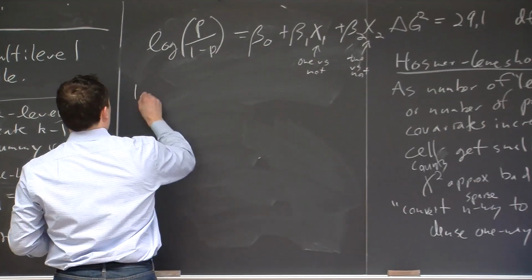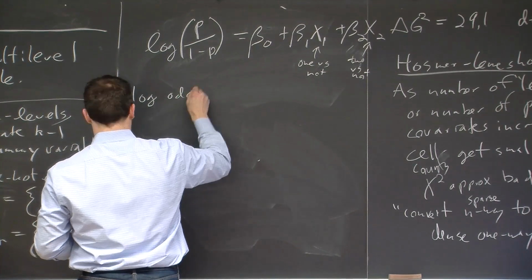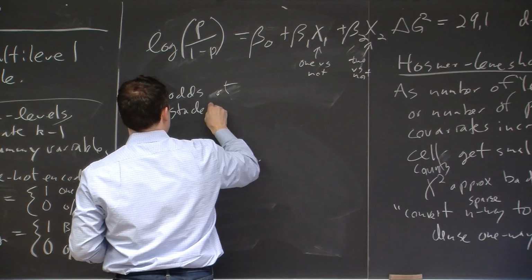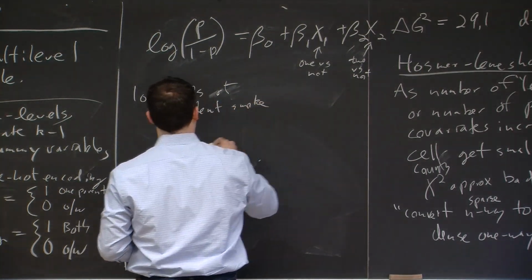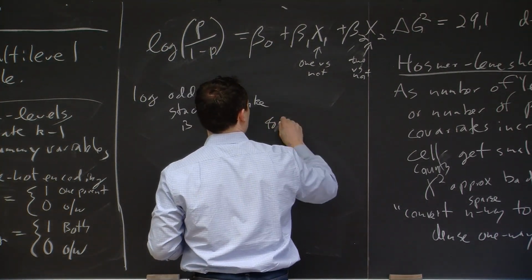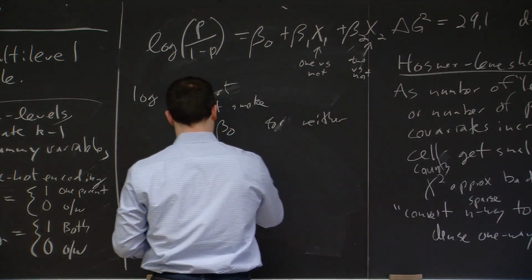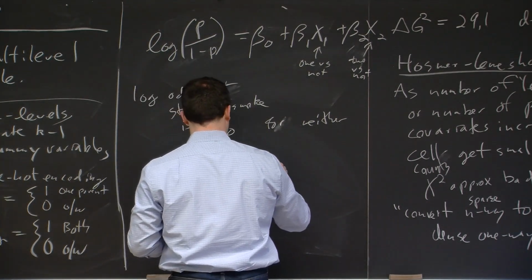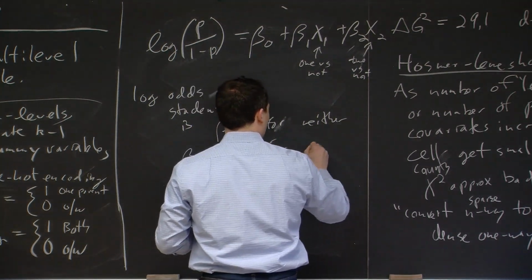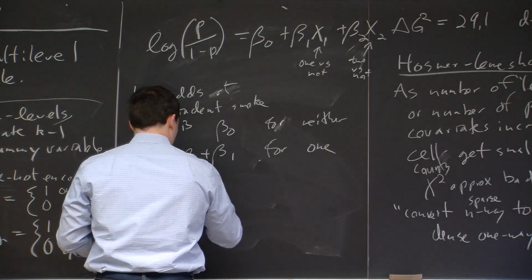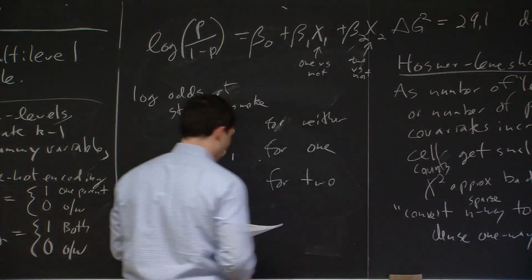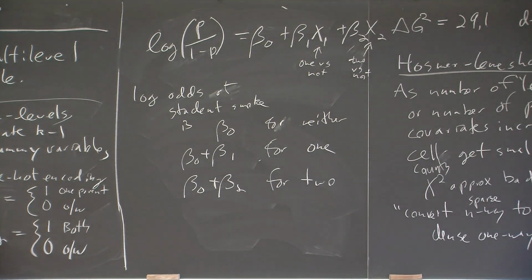So this says the log odds of student smoking is beta 0 for neither, beta 0 plus beta 1 for 1 smoking, beta 0 plus beta 2 for 2. That's our encoding.